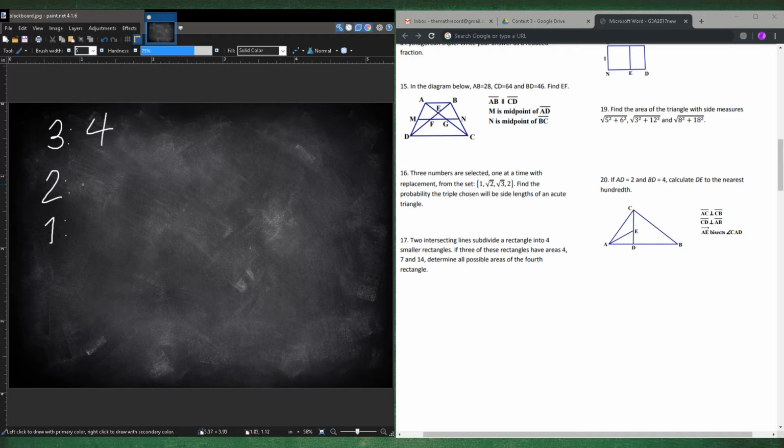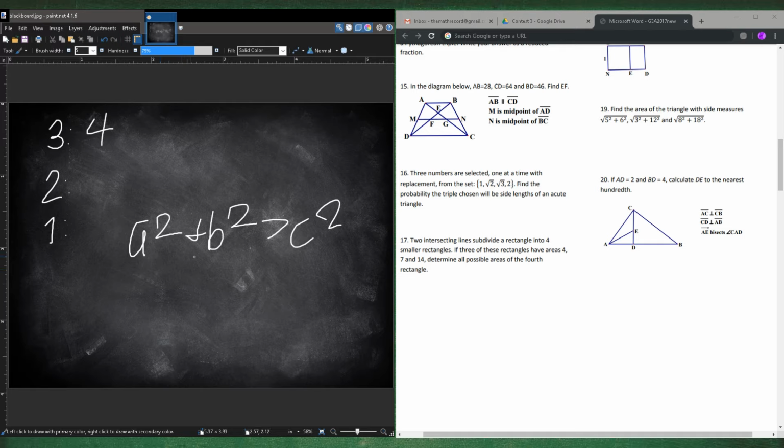1, 1, square root 3. That is 2, and 3 is greater than 2. Since 3 is greater than 2, that tells us that A squared plus B squared has to be greater than C squared.